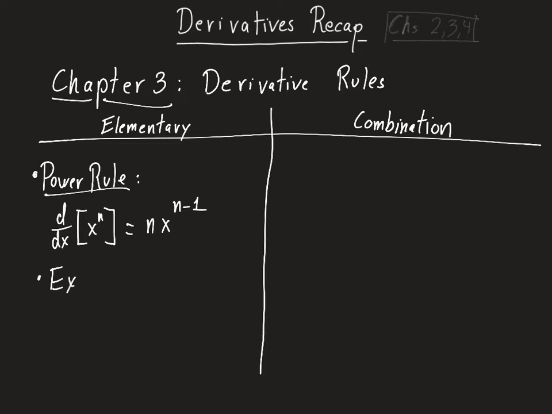Then we have the exponential rule. The exponential rule is very, very nice. It tells us that the derivative of e to the x is equal to e to the x. And last but not least, we have the logarithmic rule.